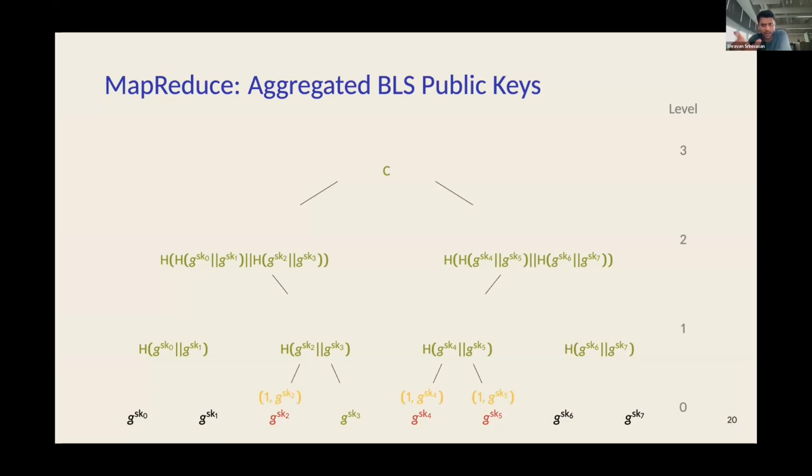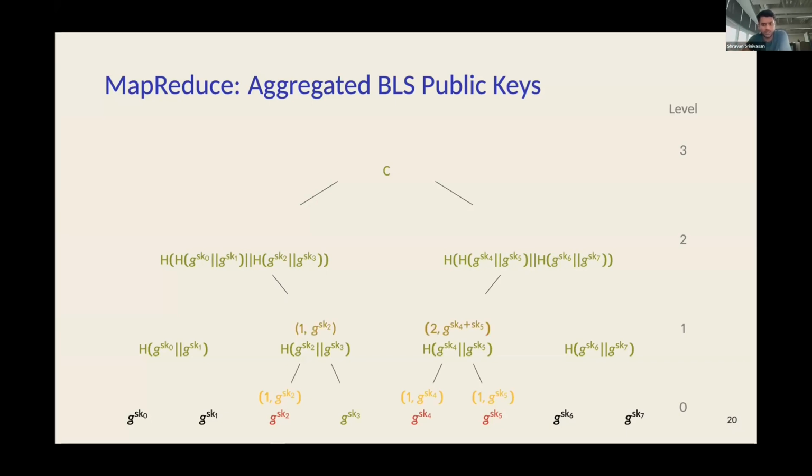Then what we do in the map operation is, first we compute the number of people who have signed, and at the leaf level, it's just going to be the 1. And the public key that was used to sign is g raised to the specific secret key. And once you have mapped this value, you can perform the reduce operation at the successive levels.